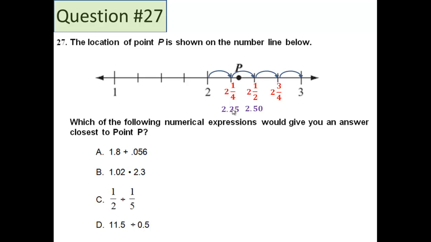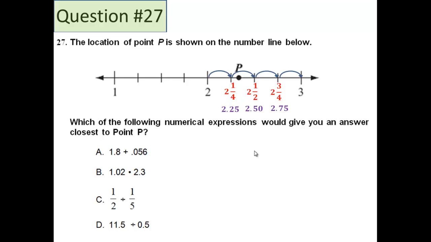Then this is $2.50. This is $2.75 or 2 and 75 hundredths. So I'm looking for A, B, C, or D to give me something between 2 and 1/4 and 2.5, or between $2.25 and $2.50.